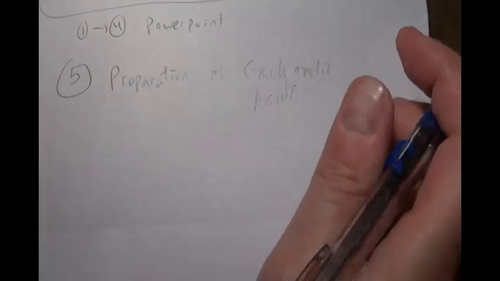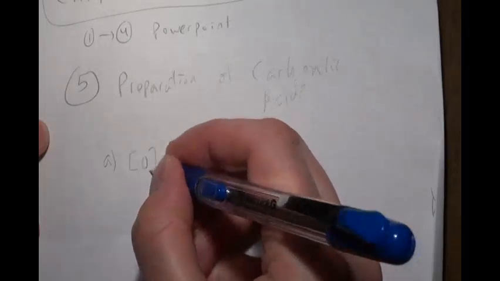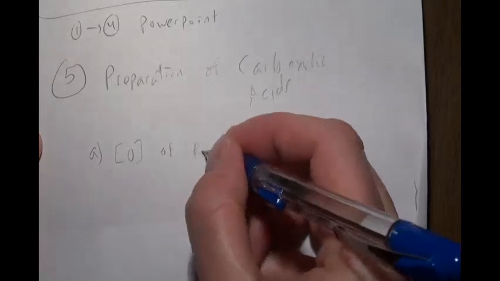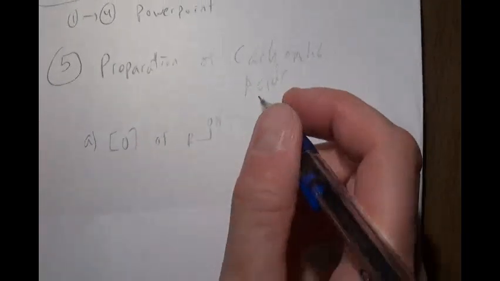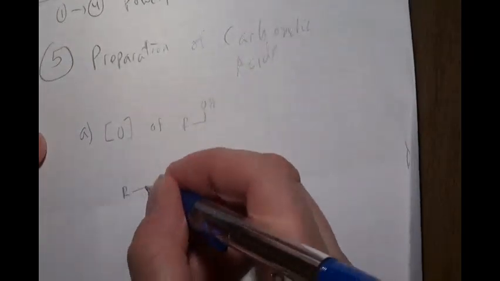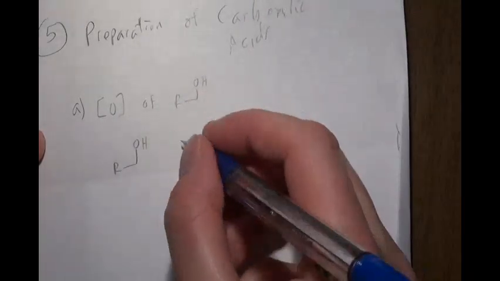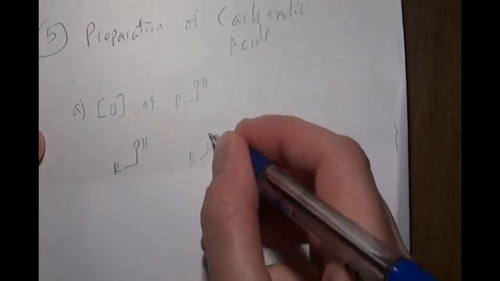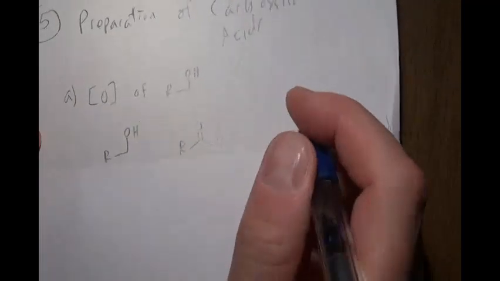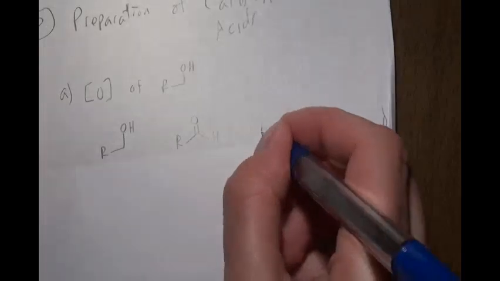Preparation of carboxylic acids. Okay, the first way to prepare them is from oxidation, the oxidation of a primary alcohol. Recall that if you have a primary alcohol, there are a couple of steps in oxidation state you can imagine: primary alcohol, aldehyde, and carboxylic acid.